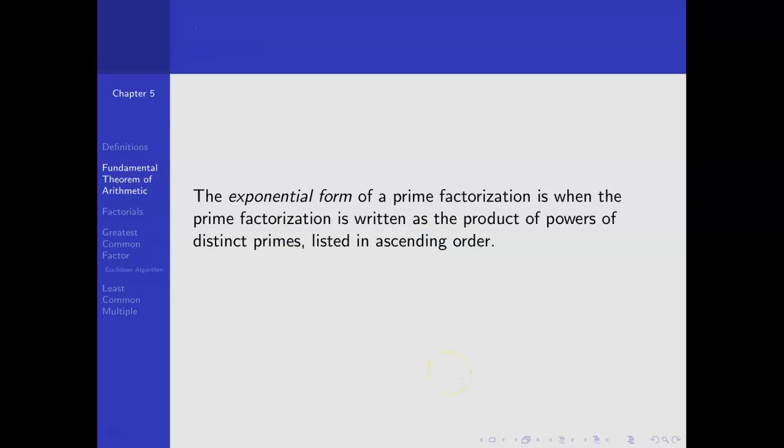All right, now that we have already done that prime factorization, we see that we could have a lot of one individual prime factor showing up, and that's where the exponential form of a prime factorization is useful. The exponential form of a prime factorization is when the prime factorization is written as the product of powers of distinct primes listed in ascending order.